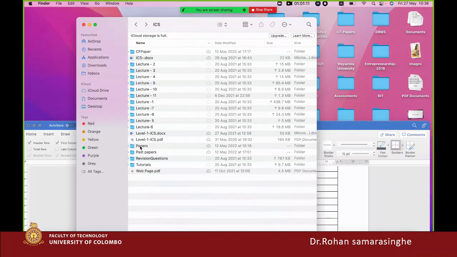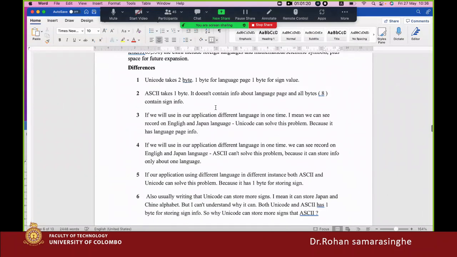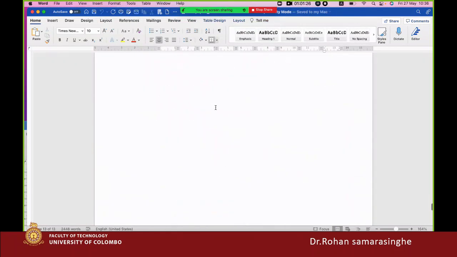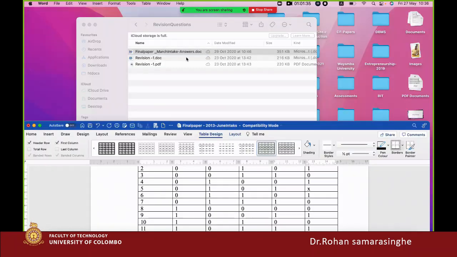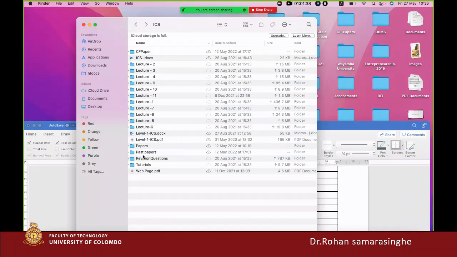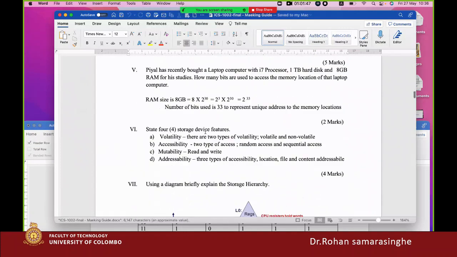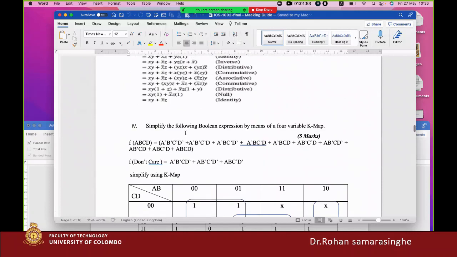We'll see the past paper of last year. Here you have to plot this one.